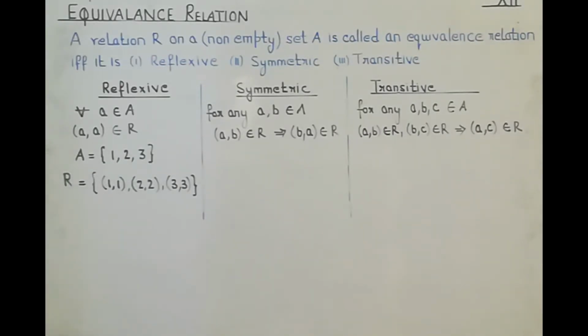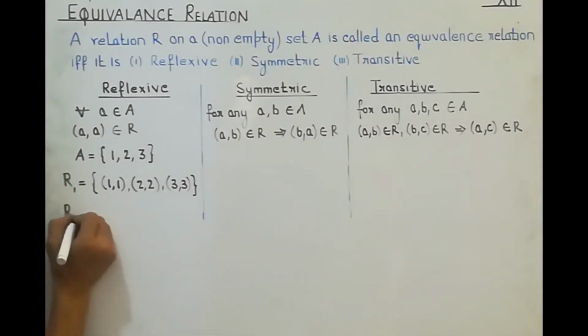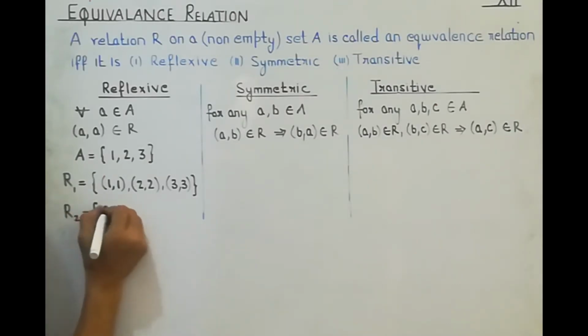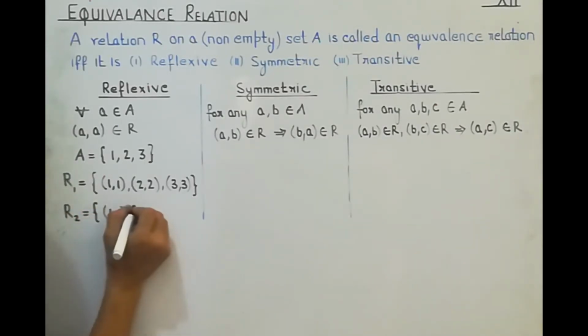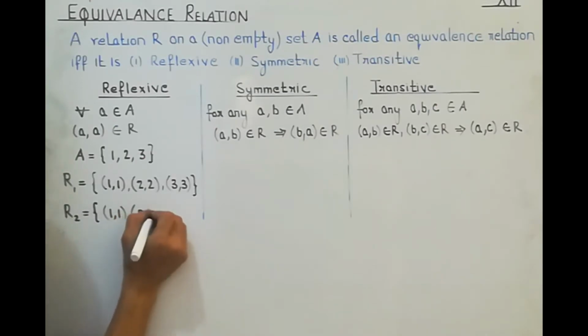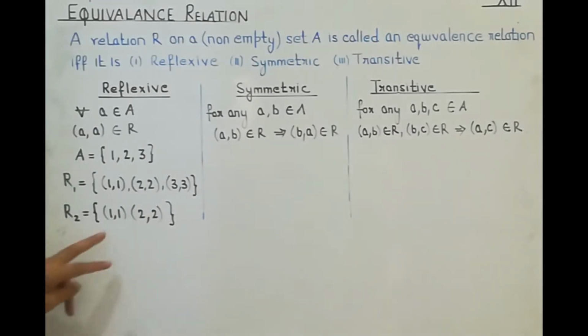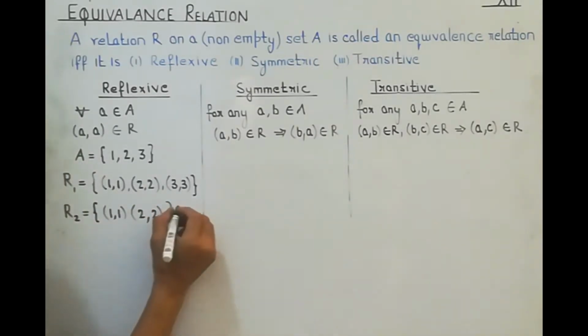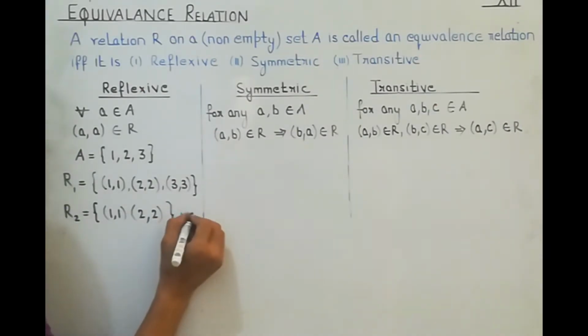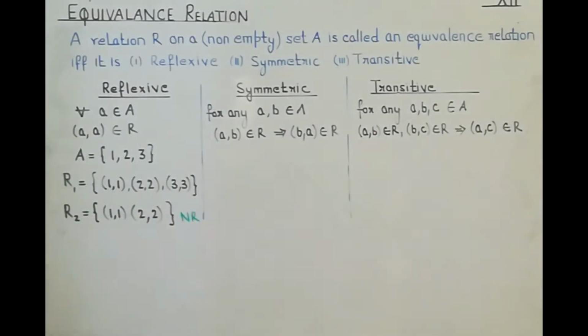If any one of the ordered pairs is missing from this relation, then it won't be reflexive. For example, now this relation is not reflexive. Why?